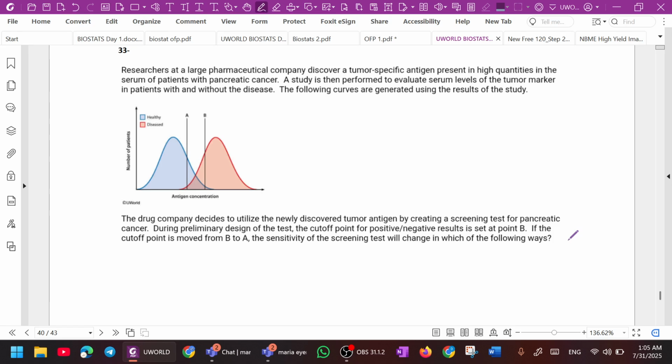The drug company decides to utilize the newly discovered tumor antigen by creating a screening test for pancreatic cancer. During preliminary design, the cutoff for a positive or negative test is set at point B. If the cutoff point is moved from B to A, the sensitivity of the screening will change. Which of the following?